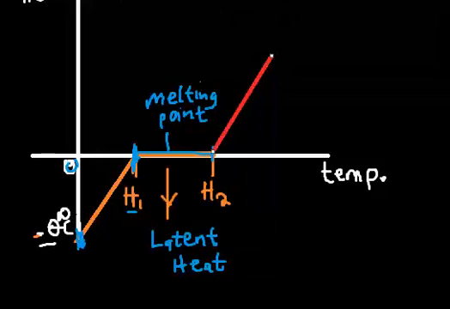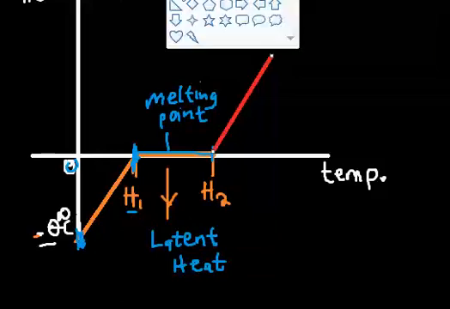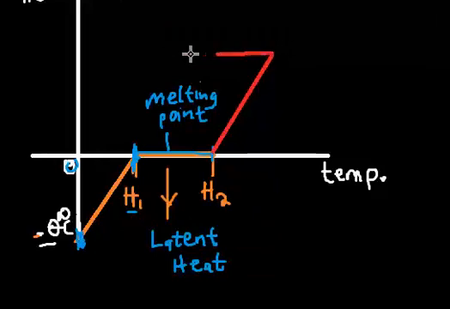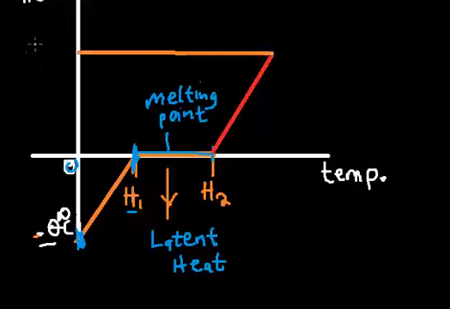Since I'm illustrating with ice, the point where this temperature becomes steady again is another point. Of course, you know very well that it is the point known as the boiling point, and we know that water boils at 100 degrees Celsius, right?